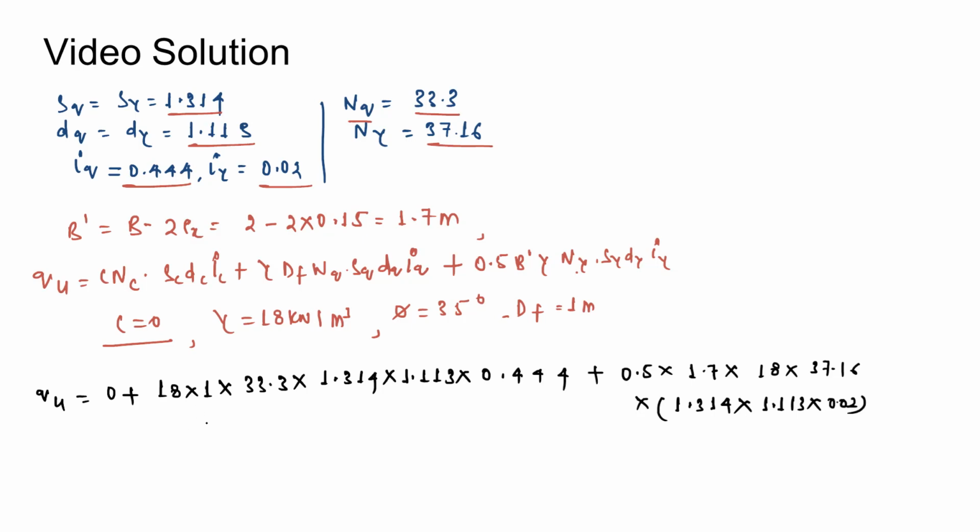Now if we solve it, we will get qu as 405.84 kilonewton per meter square. That is our ultimate bearing capacity.